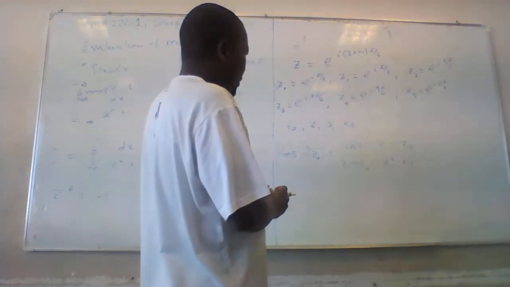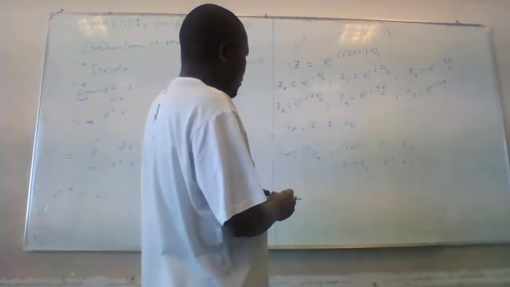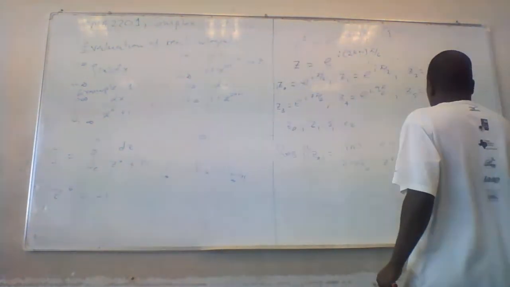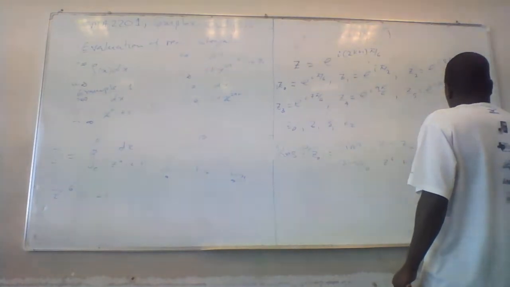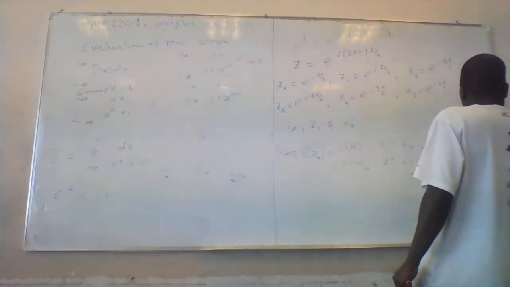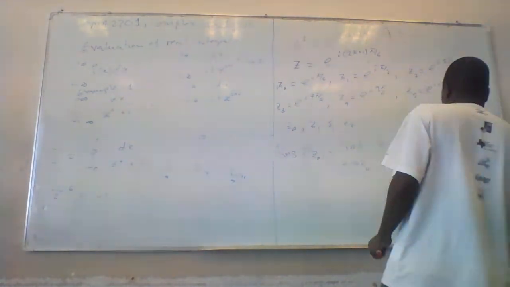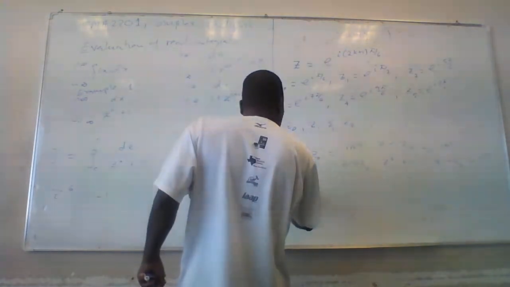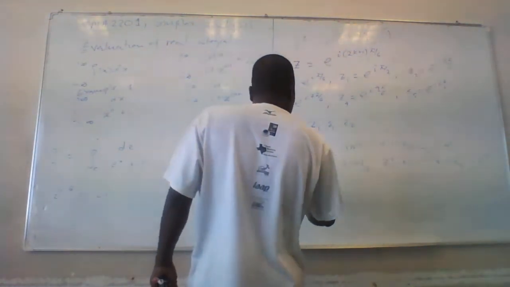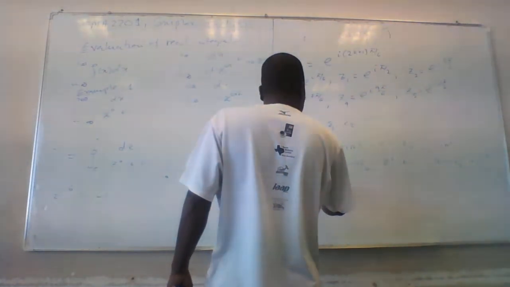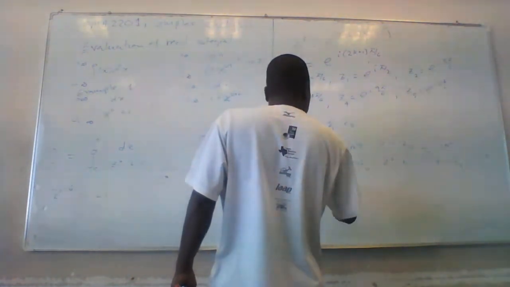By L'Hopital's rule, this is nothing but the limit as z approaches z0 of 1 over 6 z to the 5. If I evaluate this limit, this is equal to 1 over 6 times z0 to the minus 5.